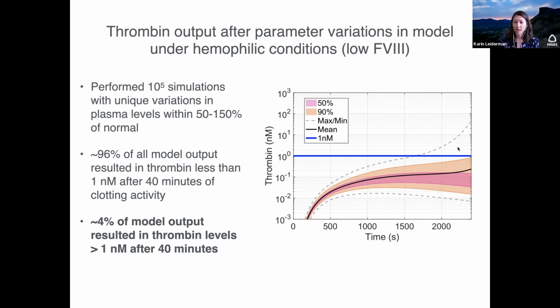This blue line here is equivalent to 1 nanomolar, a specific concentration of thrombin. It's a really important concentration in our model because it's at this level that platelets start to get activated. If the model gets to this concentration, the system will go, so to speak.